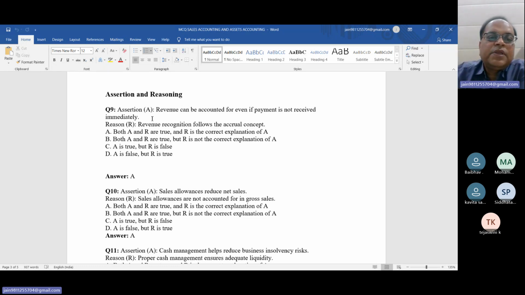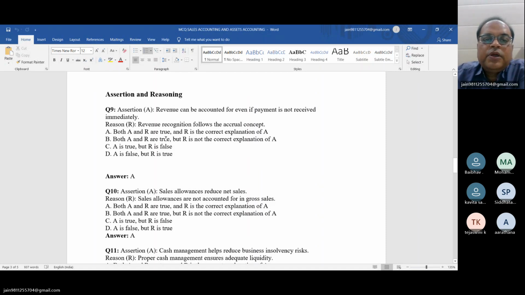Now check. Revenue recognition follows the accrual concept. This is also correct. Both are correct, and I think the explanation is also correct. Revenue recognition means following the revenue concepts. Now check the options. Number first: both A and R are true, and R is the correct explanation of A. So A, revenue is accounted for even if payment is not received.